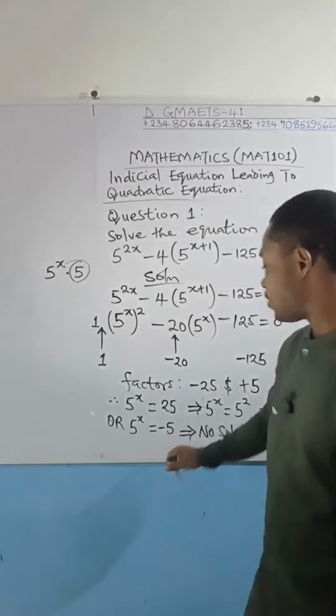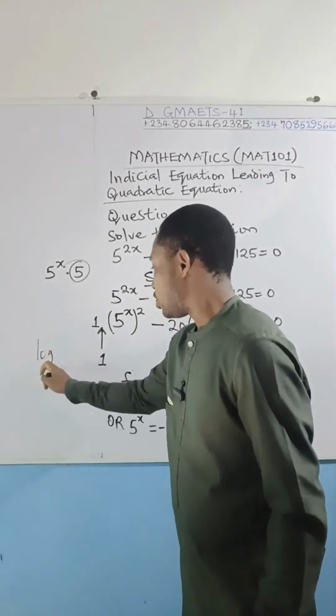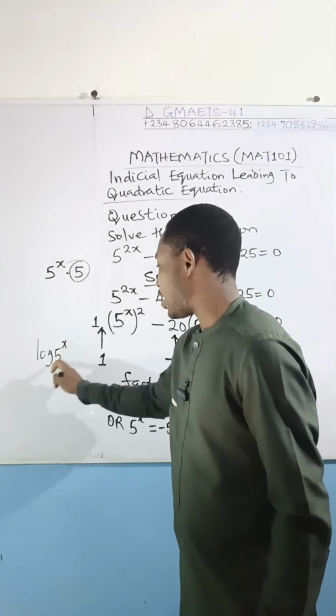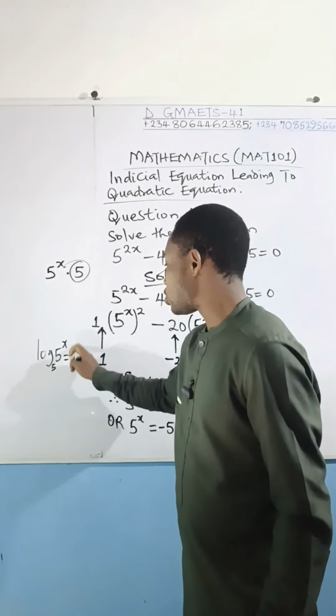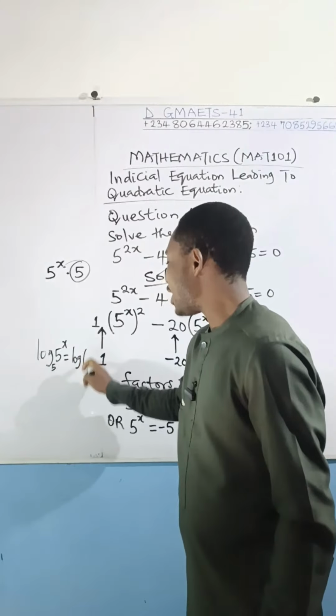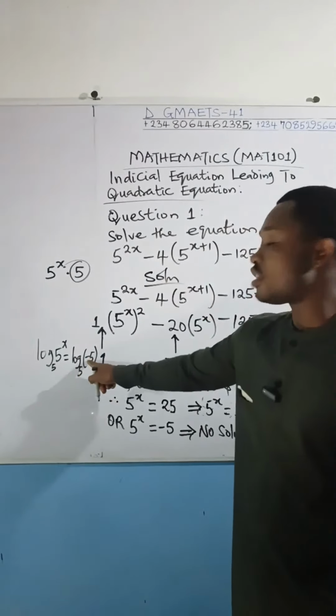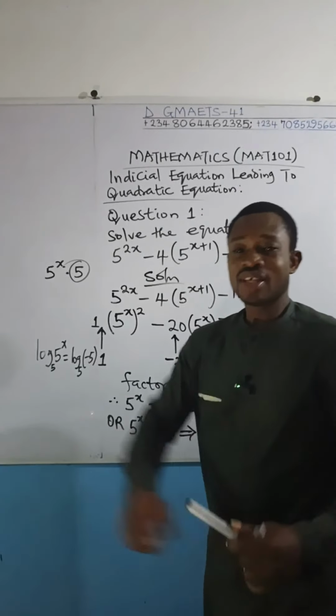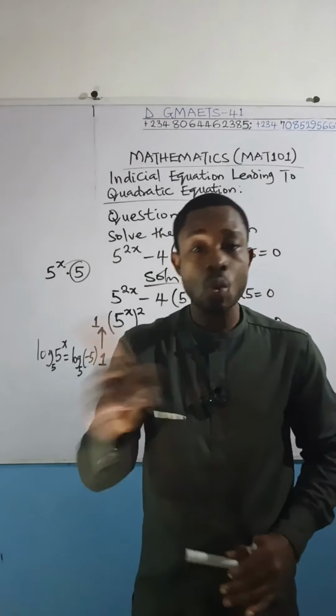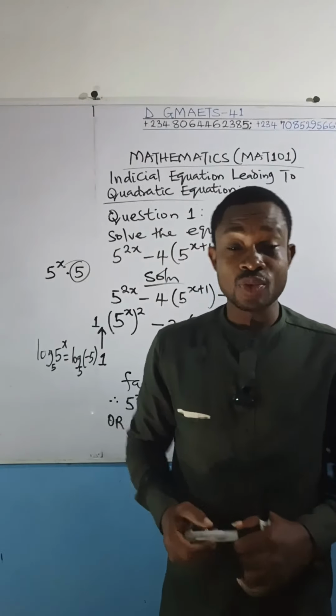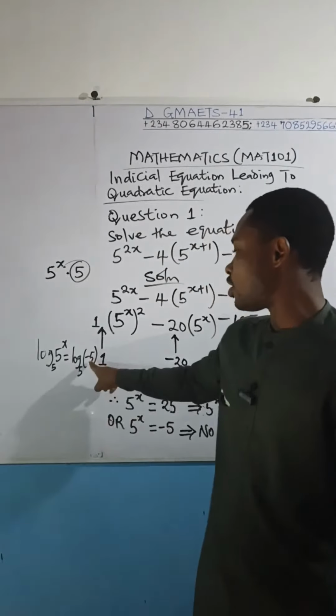But look at this term. If I decide to introduce log there, log of 5 to the power of x base 5 equal to log of minus 5 base 5. Log of a negative number does not exist. The least log you can get is log 1, which is 0. You can't get log of a number less than 1.